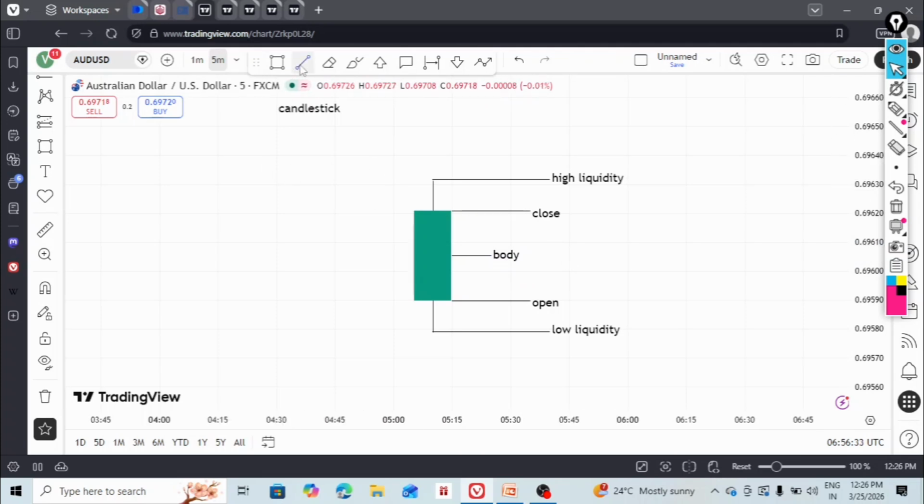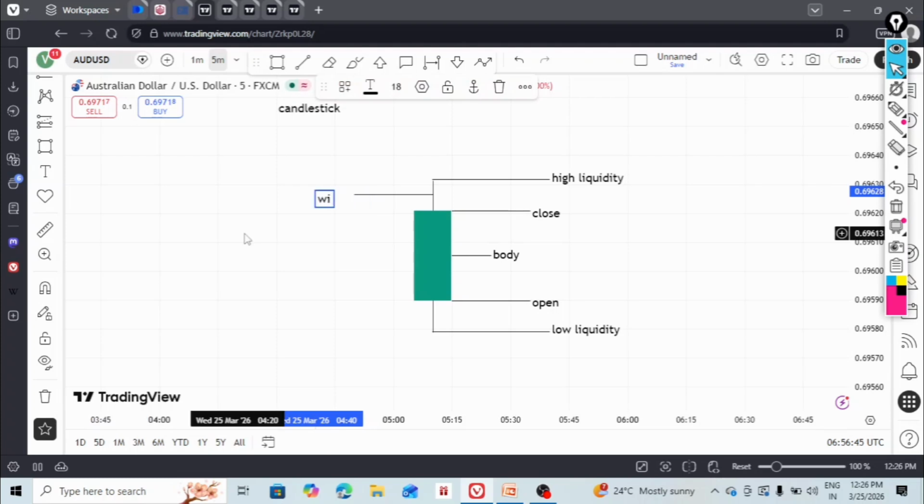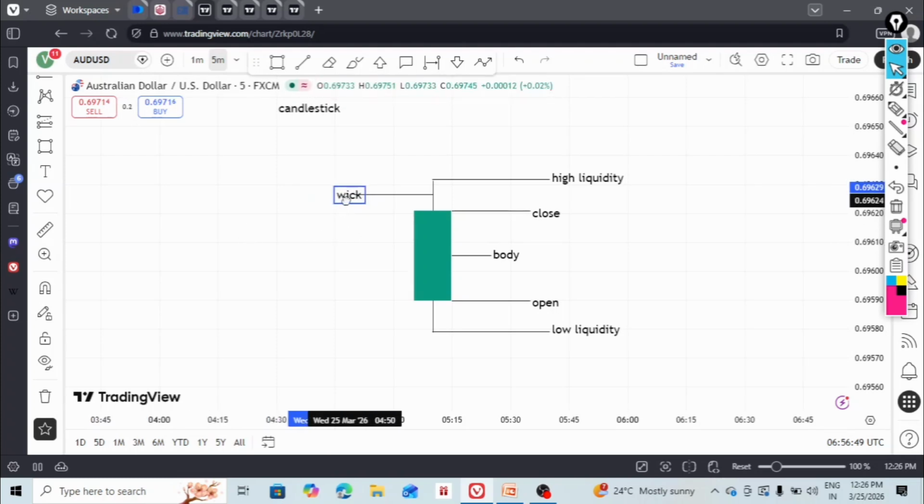And this thin line, the black line, is the wick or the shadow of the candle. So this is a candlestick.